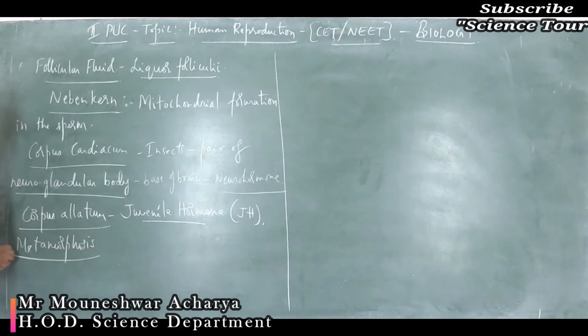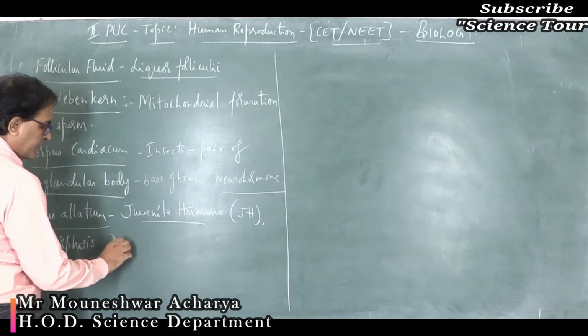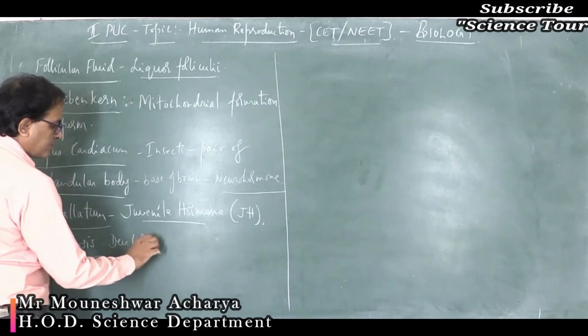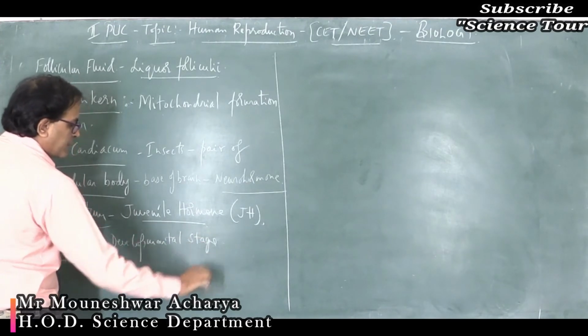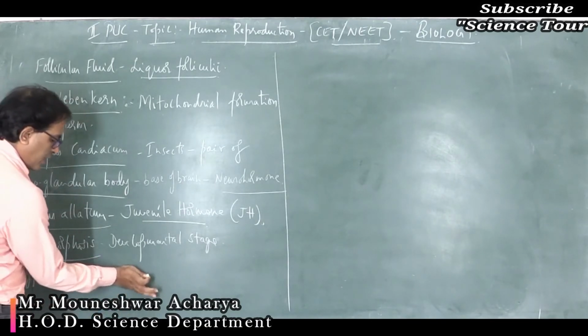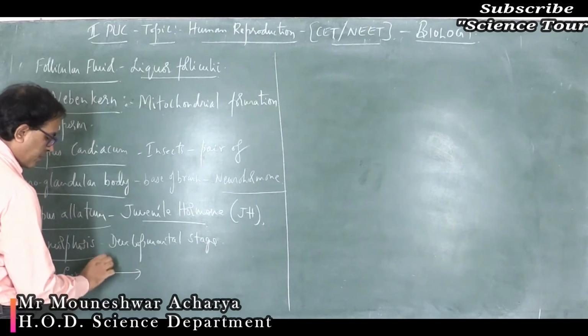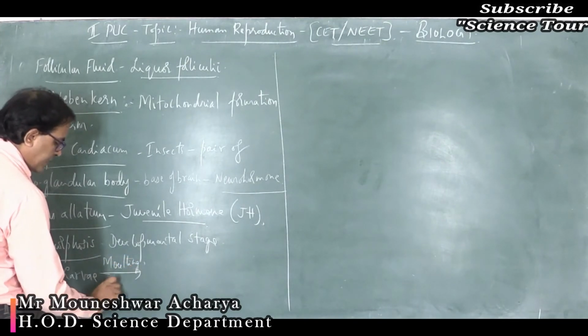So what do you mean by metamorphosis? It is a developmental stage in insects. So there are eggs. Eggs will hatch and they form the larvae. The larvae will undergo a process called molting, also called ecdysis.